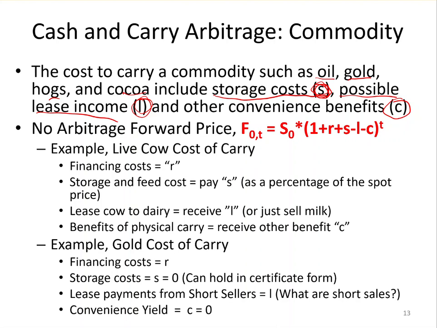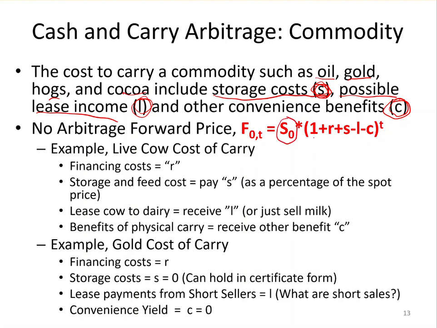Maybe you're Hershey Foods, and you're not perfectly indifferent between having a forward contract to buy cocoa versus owning it today, because if I own it today and demand spikes, I could just take it out of the silos. There's some benefit of having possession. So, the no-arb forward price for a commodity.